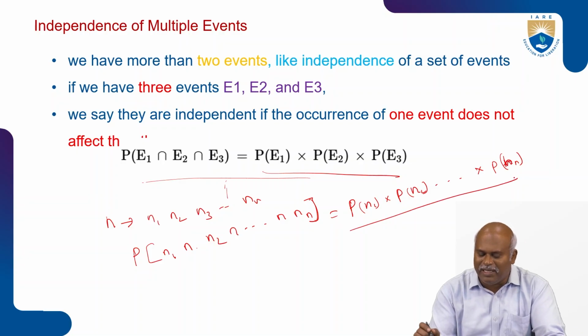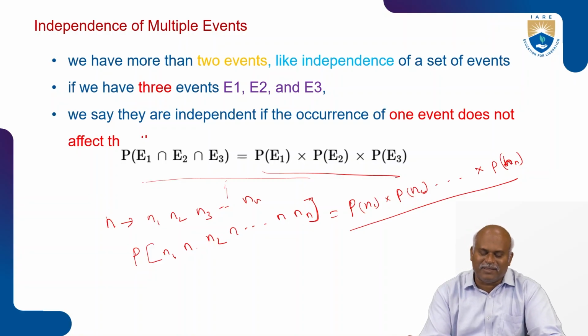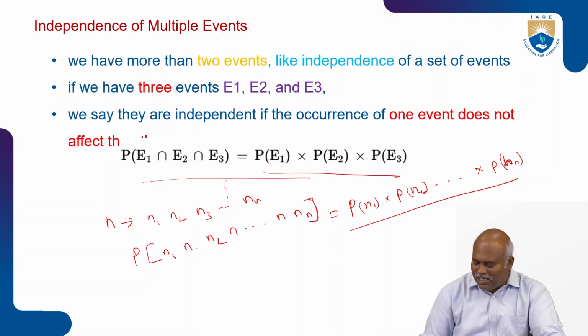So if we have independent events, everything becomes multiplicative. Okay, these three cases are very, very important for conditional probability.